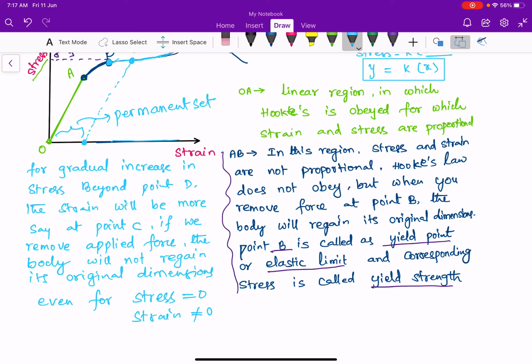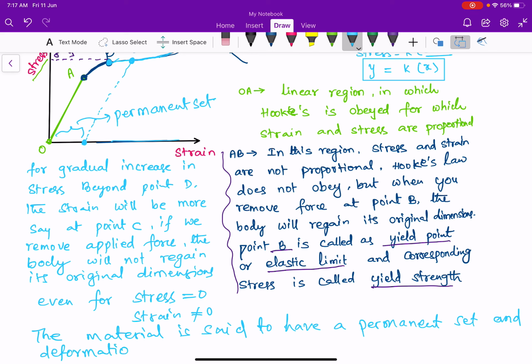The material is said to have a permanent set, and the deformation is called plastic deformation.